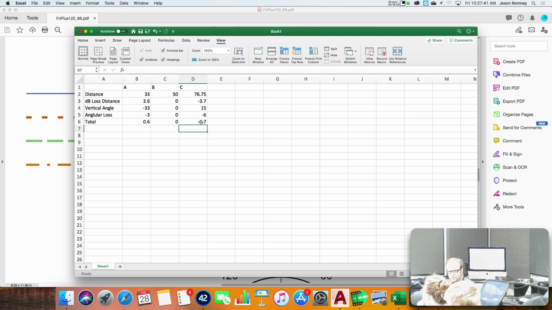The reason that the front row is functionally the same is that we have a gain by virtue of getting closer, and that gain is offset by virtue of going off axis enough that generates the same amount of loss, or the opposite amount of loss to what we gained, and it zeroes out. Okay? So hopefully you're starting to see that relationship between distance and the directivity. Sometimes it can hurt you, and sometimes it can help you.